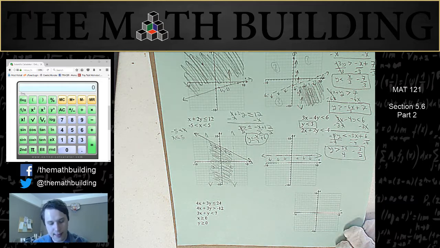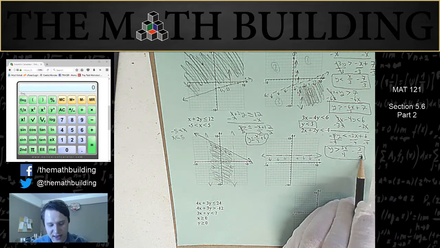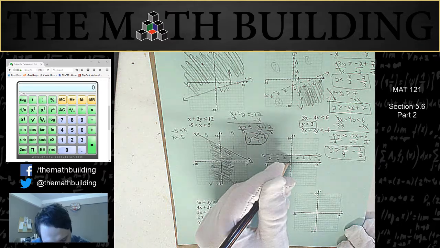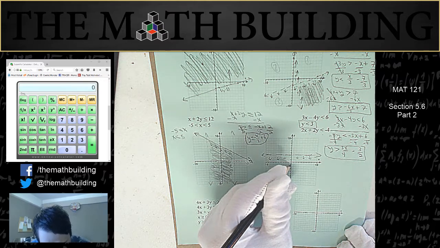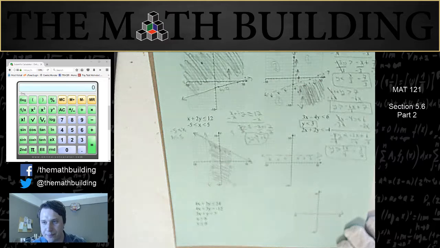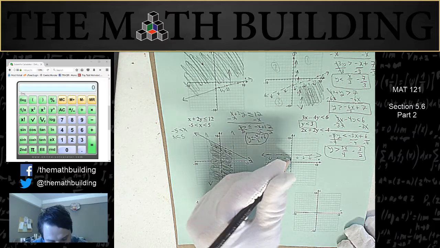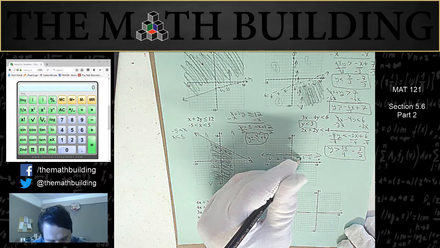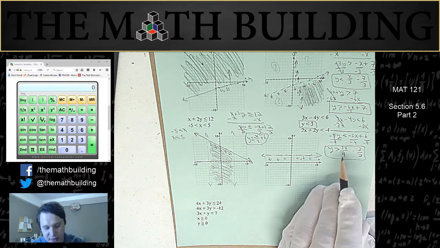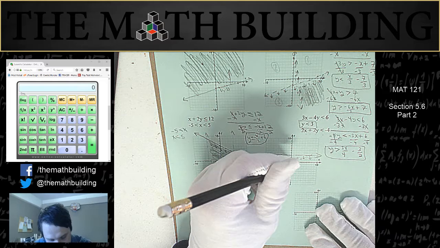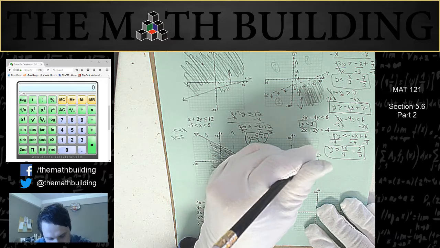All right, let's graph this line. This is -1.5, so negative 1.5 is right there, approximately. And then it's up 3 over 4. So there's the next point. This also is a dotted line, so let's make this a dotted line.